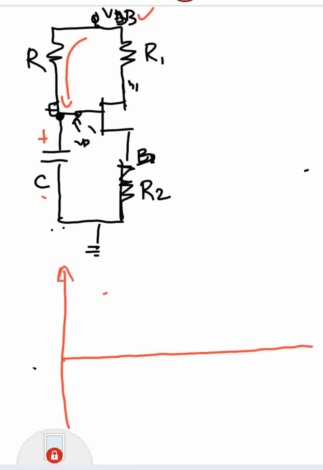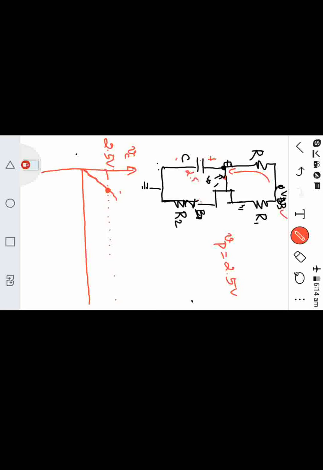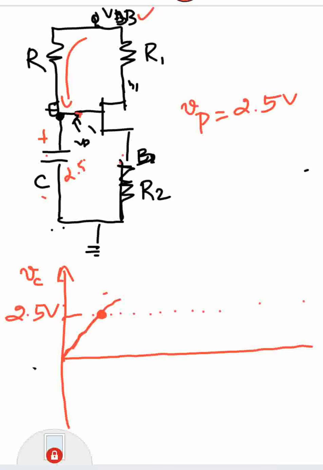When you draw the graph of the capacitor voltage, when you apply VBB the capacitor charges exponentially towards VBB. But assume that VP for this UJT is defined as 2.5 volts. When the voltage across the capacitor slowly increases and reaches 2.5 volts, the voltage across the emitter base junction is 2.5.